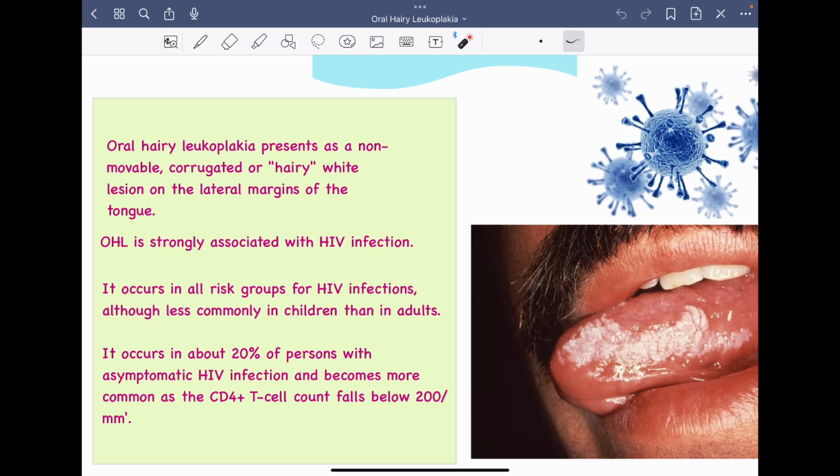So it is directly associated with the falling counts of CD4 plus T cells, because of the marked immunosuppression which occurs. So as there is a progressive decline in these cells, marked immunosuppression occurs, and therefore such type of lesions become common in HIV patients.